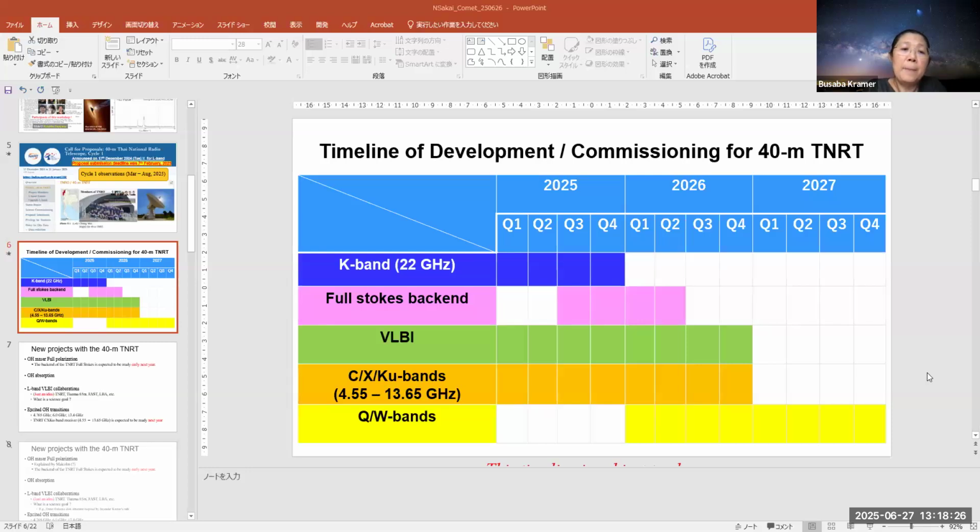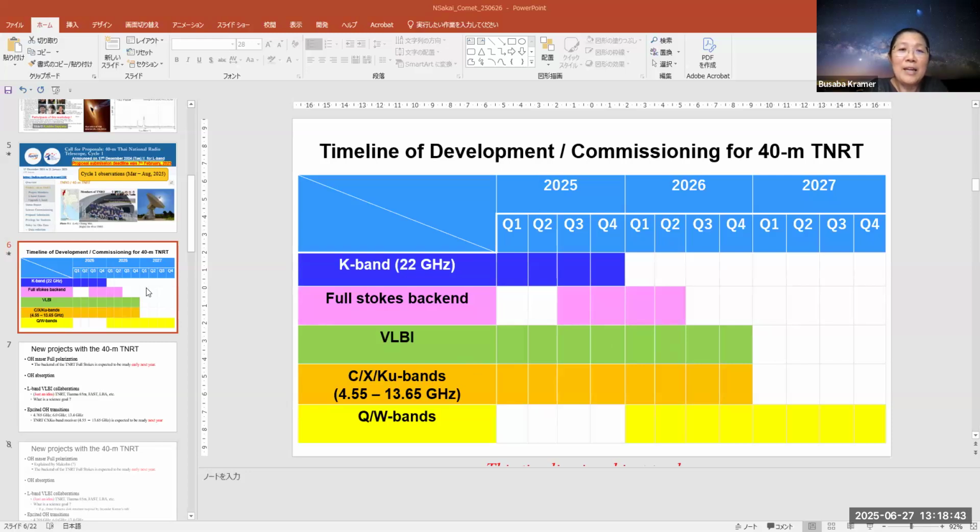And if Nobuyuki could show some timeline of our observation plan. I think there's a VLBI or other receiver in one of your presentations. Okay. So we plan for the single dish, certainly L band is available. And the K band will be coming up hopefully at the end of this year, or probably in full function next year, and hopefully also with the full Stokes backend.